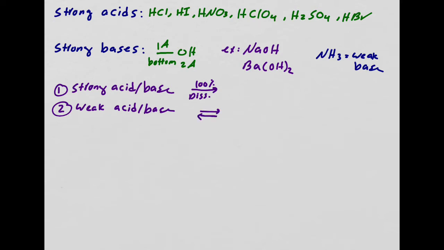Then you are going to do a hydrolysis, and you're going to do an ICE table. And you need a Ka or Kb for a weak acid or base. So look at the problem. If you have a weak acid or base, you're going to do a hydrolysis: equilibrium, ICE table, Ka and Kb is what you need. Now, what if you look at the problem and you don't have a strong acid or base or weak acid or base? What if you have salt?